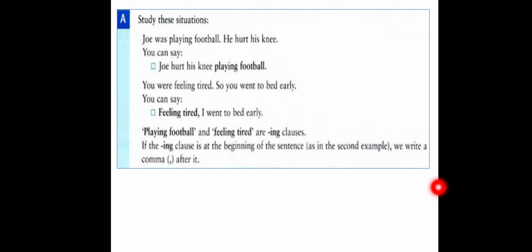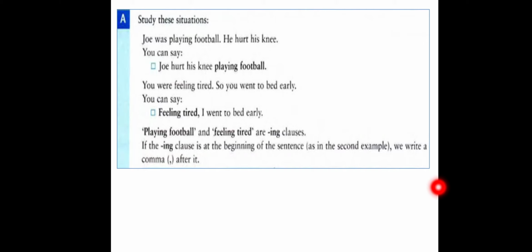Why is it called a reduced clause or ing clause? Because you cut off the subject, the linking verb, and the conjunction. Playing football and feeling tired are ing clauses. After reducing the clauses, you get the verb plus ing and the complement.